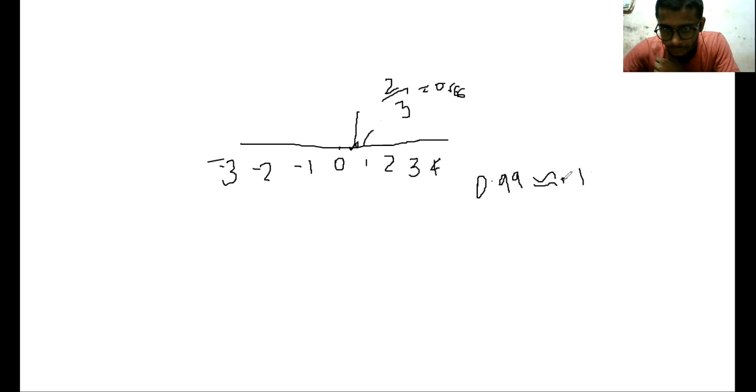This is 0.3 here. It could be 1.5 between 1 and 2, and so on the left side. So this is the integer thing.